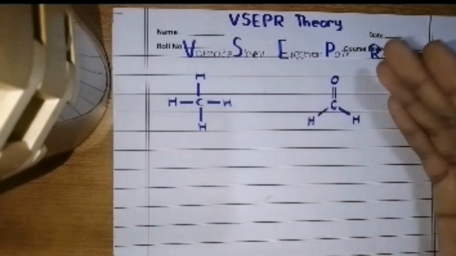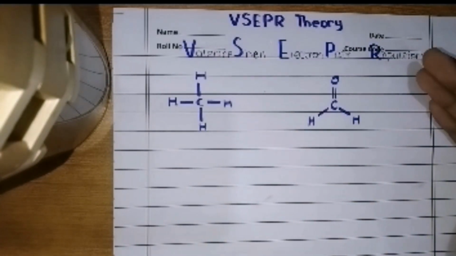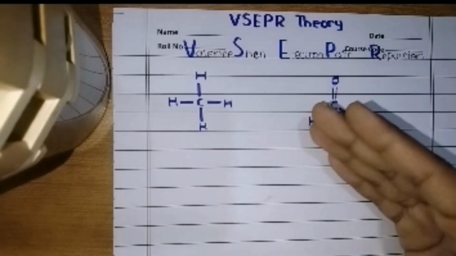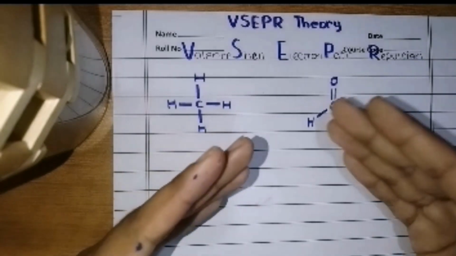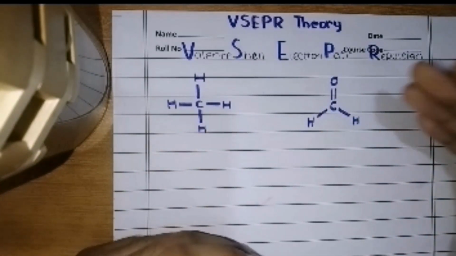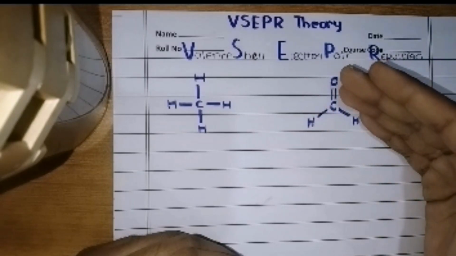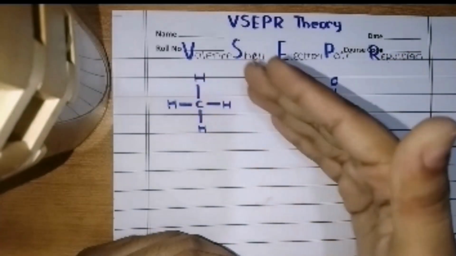So today we're going to talk about valence shell electron pair repulsion, which means that there is a repulsion present between electron pairs of the valence shell of the molecule.